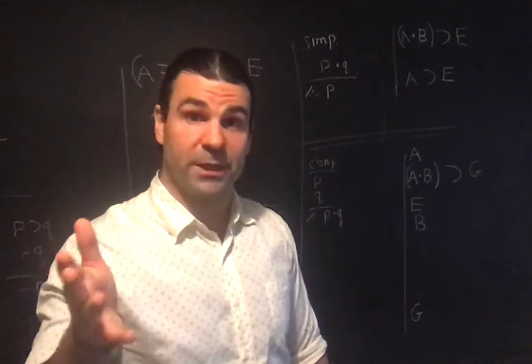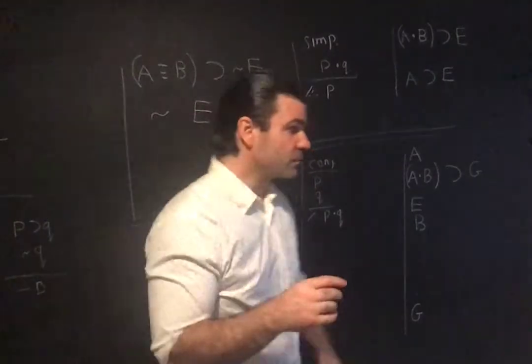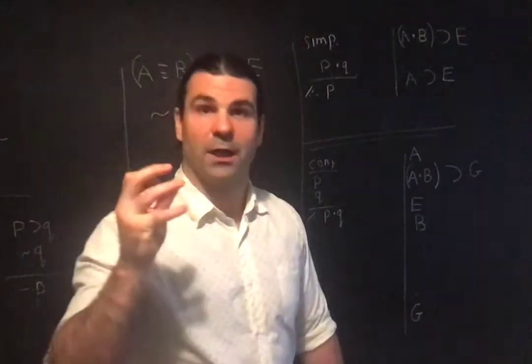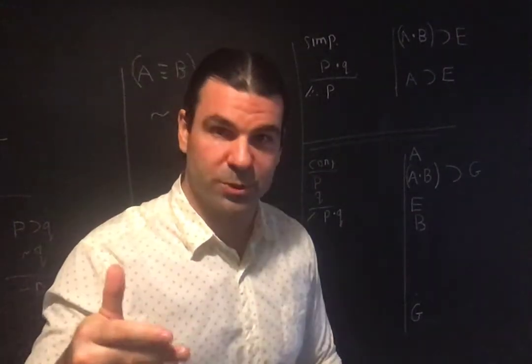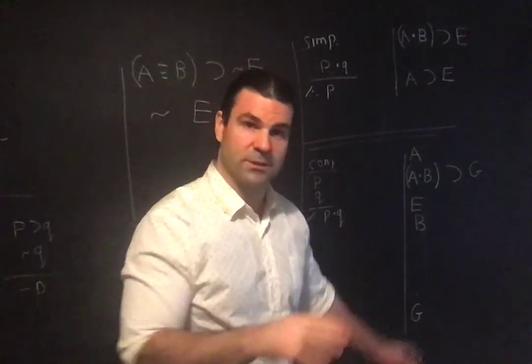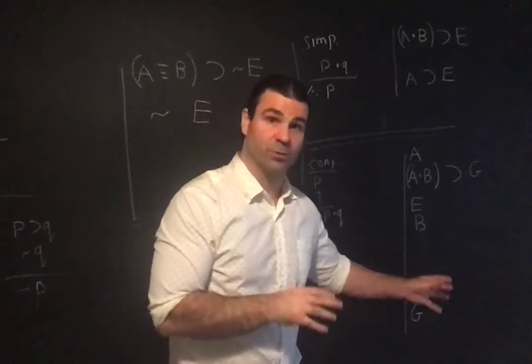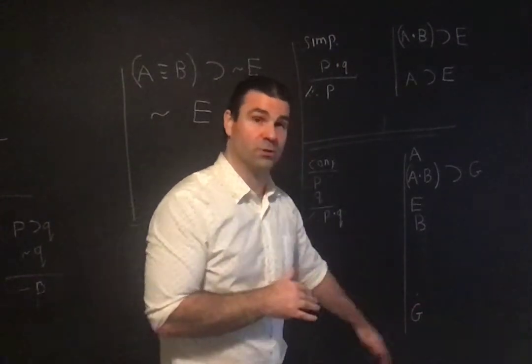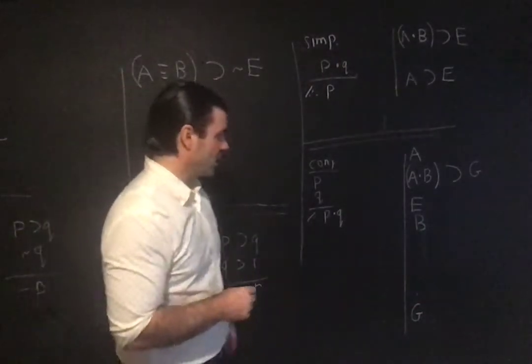What you'll be assessed on really is your ability to use the rules which are appropriate and apply them in the context of a specific proof as you need to get to the conclusion. That's how you'll be tested.